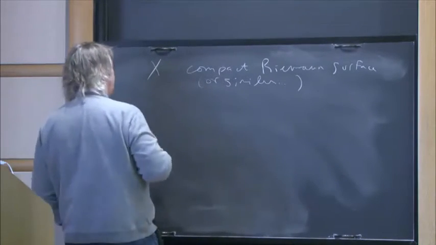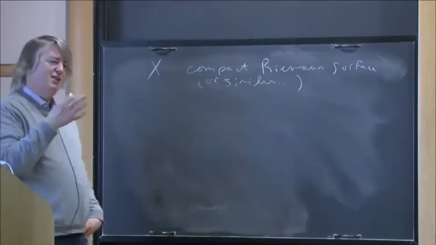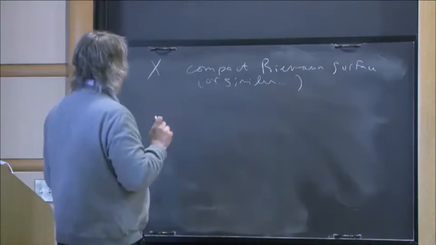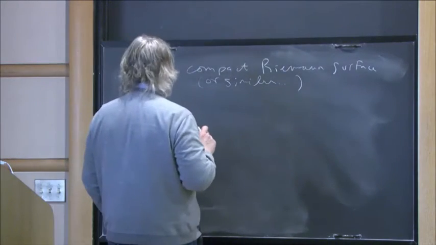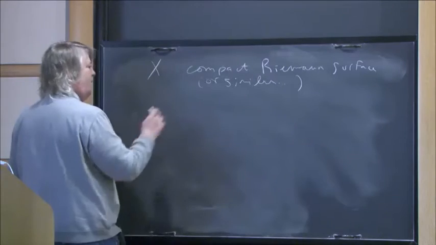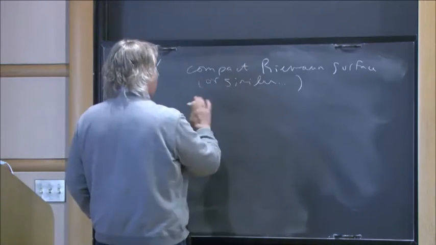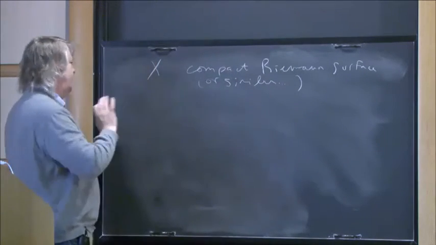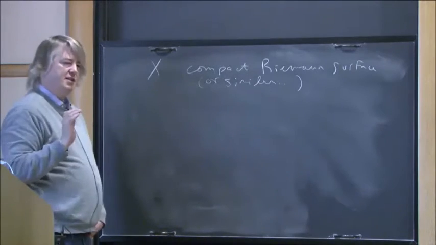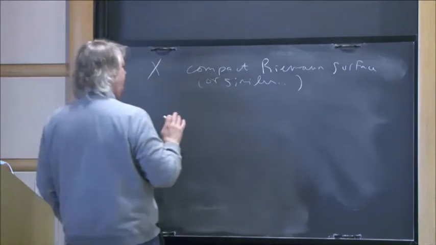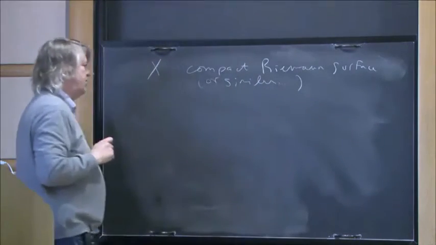The example is going to actually be P1 minus 4 points, but we'll get to that. If it's an orbifold, a Riemann surface with orbifold structure, then everything is very similar. We might want to allow some more general monodromy.